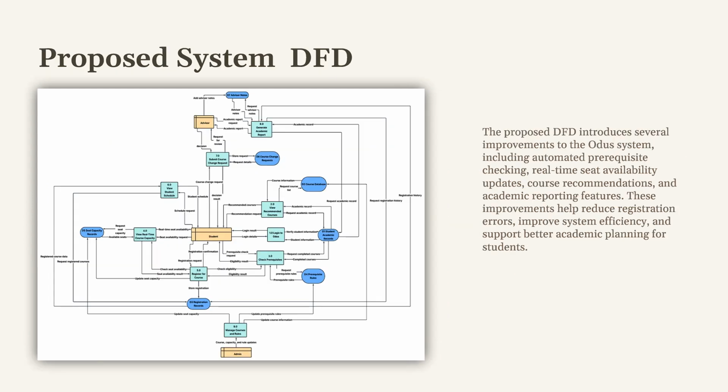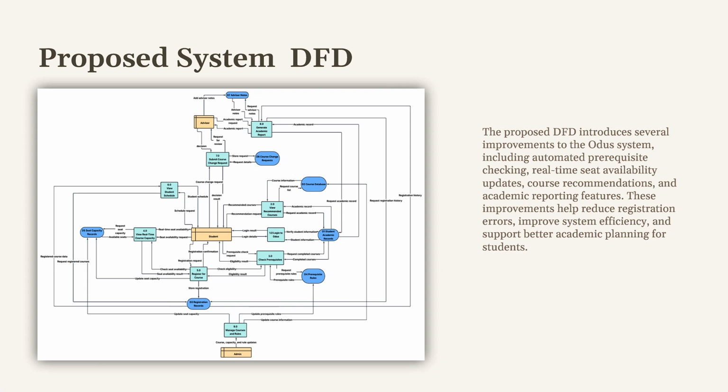In my part of this presentation, inshallah, I will continue by explaining first the proposed system DFD. This slide shows the proposed DFD we have made for the improved system. In the new system, the student can log in, view recommended courses, check prerequisites, see real-time seat availability, register for courses, and view the schedule.